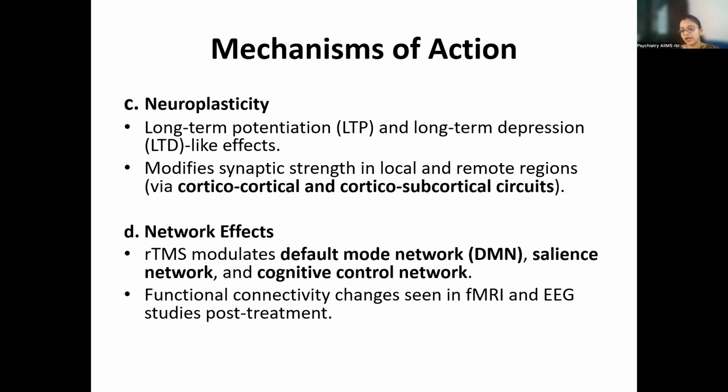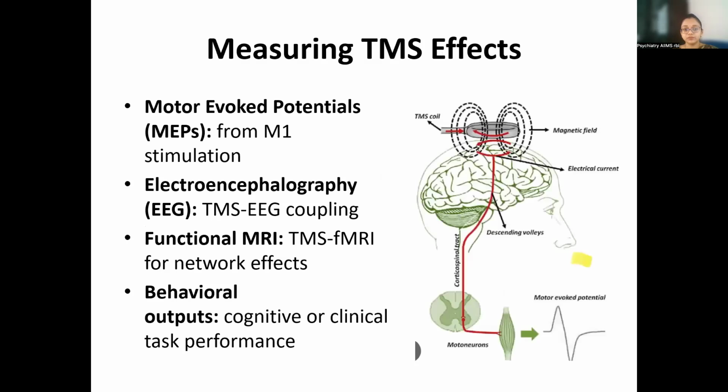So these are actually what is happening inside the brain, and the functional connectivity changes. We can now measure them using fMRI and EEG studies along with rTMS. So we have facilities of using rTMS along with fMRI or other imaging techniques so that we can monitor these changes and monitor whether we are reaching the exact target area or not.